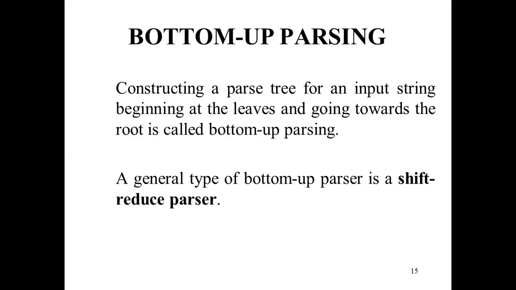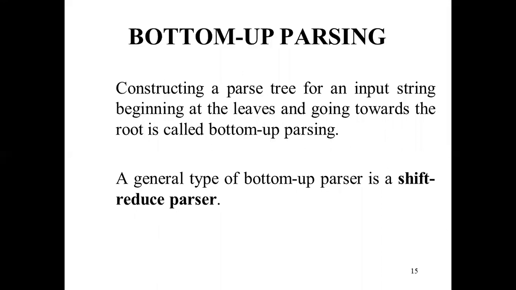The general type of bottom up parser is also called the shift reduce parser. Why is it called the shift reduce parser? Because we start from the last tokens at the bottom, then we combine a few tokens, and again we move upside, and again we combine various other tokens from the left side and the right side, and we move toward the root node.